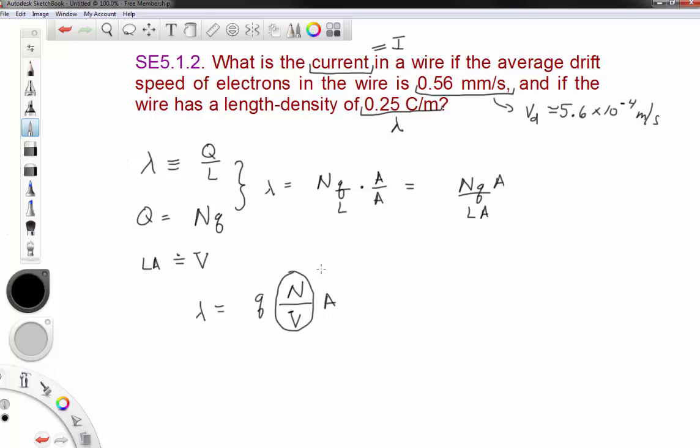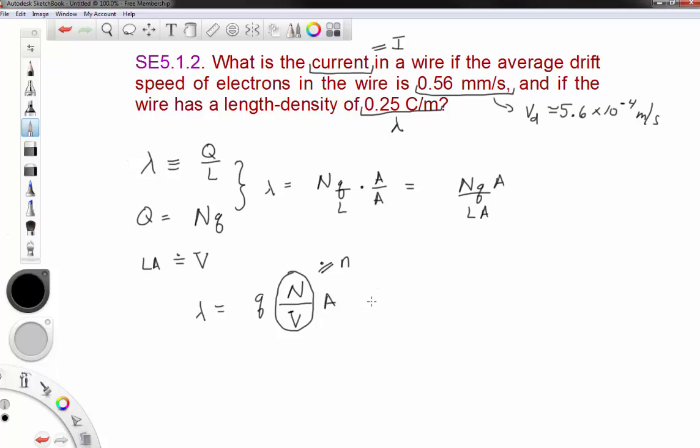Well, N over V, by definition, is little n, because little n is the number of charge carriers per unit volume.